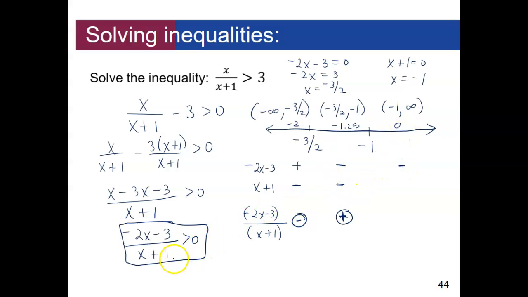If I put 0 into the denominator, here, we're going to have a positive. So a negative divided by a positive is going to give us a negative. So in determining which interval to choose, we're going to look back over here at this one, and we want greater than 0. So greater than 0 is going to be the central interval here. And so we're going to have from -3/2 to -1.